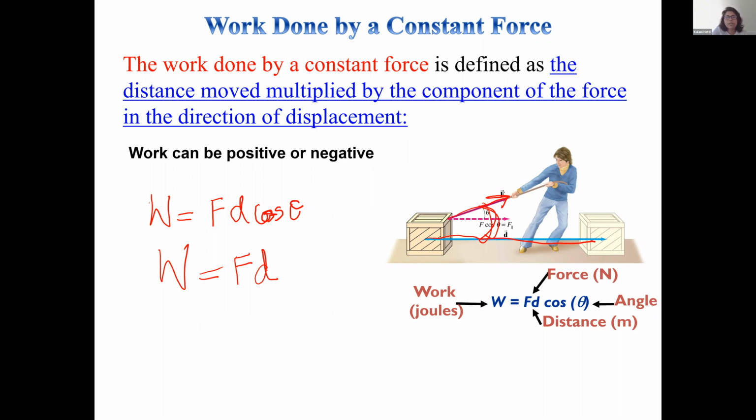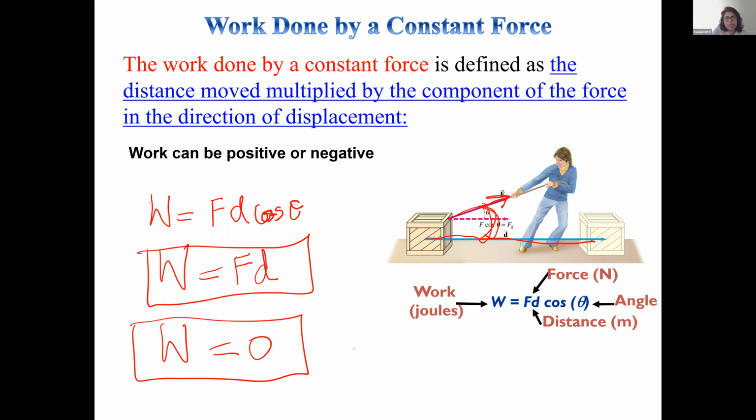This is where the work done is max, right? When work done is min, it will be 0. What will happen at that time? That means your theta angle is 90 degrees. What that means is, if you have an object and you try to push this object in the upward direction, F, right?